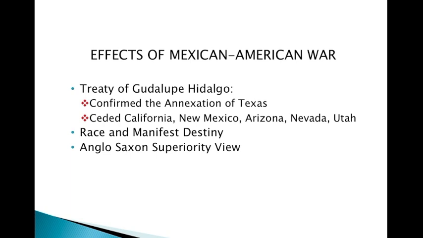The Treaty of Guadalupe Hidalgo was signed in 1848, and it ended the Mexican-American War. The treaty confirmed the annexation of Texas, and it ceded modern-day California, New Mexico, Arizona, Nevada, and Utah to the United States.